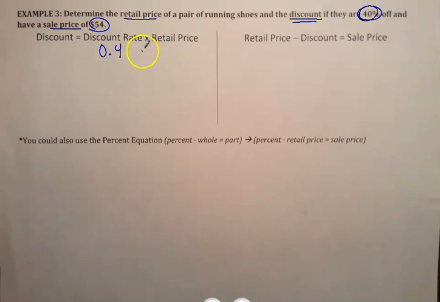So right now we're looking at 0.4 R equals D, the discount. What do we think about that? Right? We don't know the discount amount.